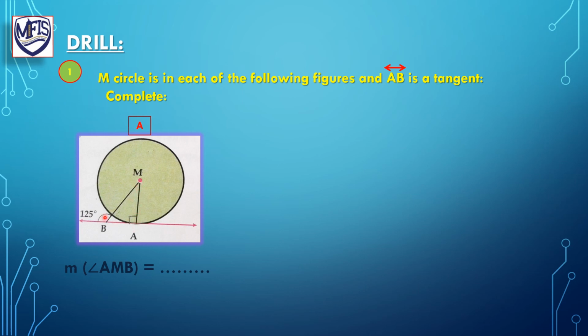Therefore, 125 equals the sum of the non-adjacent interior angles of the triangle. So, measure of angle AMB equals 125 minus 90. Okay, now measure of angle AMB equals 35 degrees. Number B.